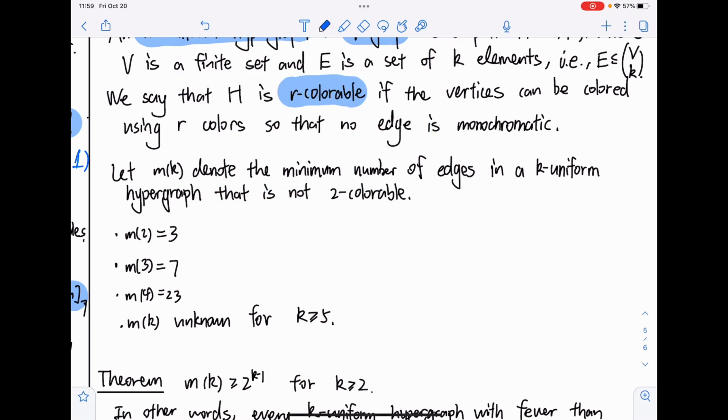Notice that in some literature, 2-colorability is sometimes called Property B. It is named after, I think, someone named Bernstein.